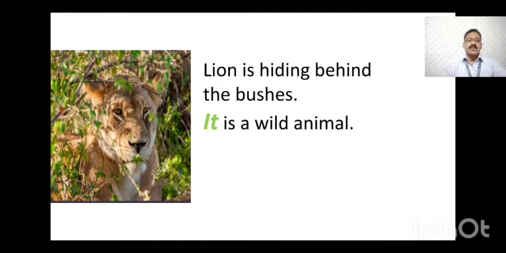Lion is an animal. As I told you earlier, we can use it for non-living things as well as animals. Here, lion being an animal, I have written there, it is a wild animal. Lion is a singular noun, and being an animal, I have to use it in place of the noun lion.